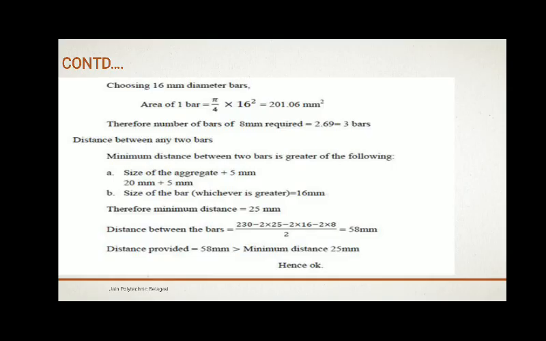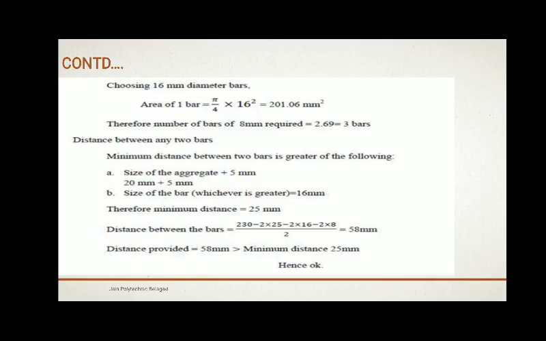This step is not necessary, we can also skip it. Size of the aggregate plus 5 mm, so assuming 20 mm size plus 5 mm, or size of the bar, whichever is greater, that is 16 mm, therefore minimum distance is equal to 25 mm, that is cover.